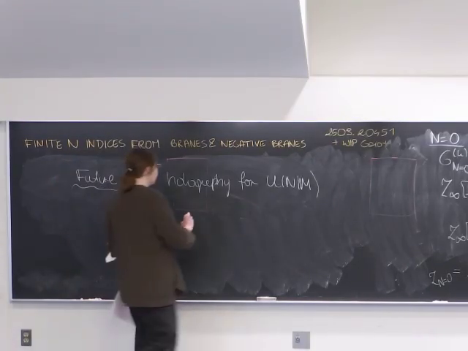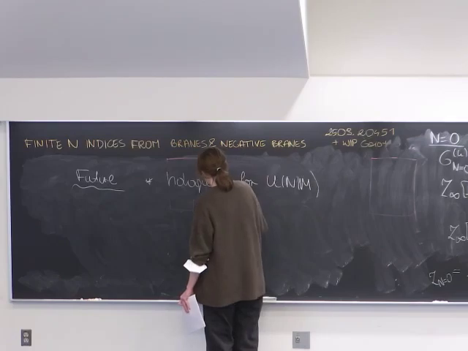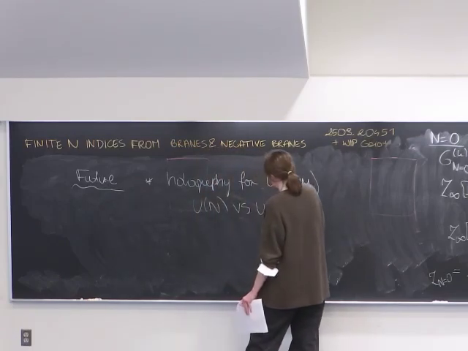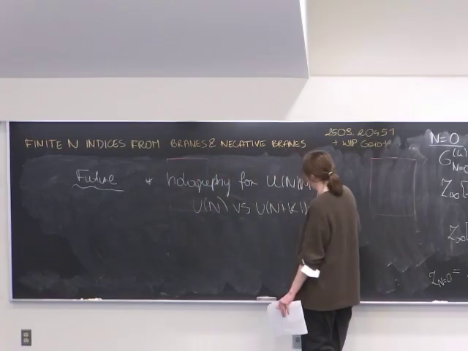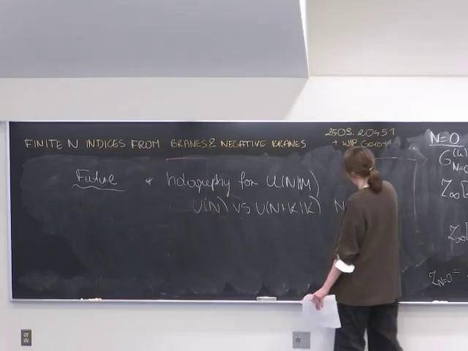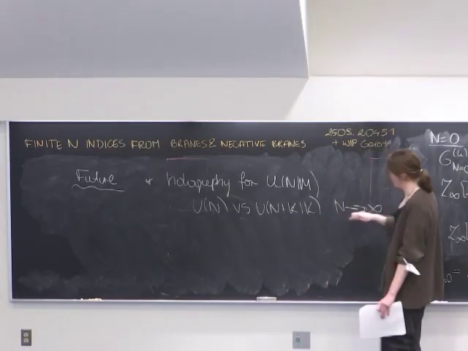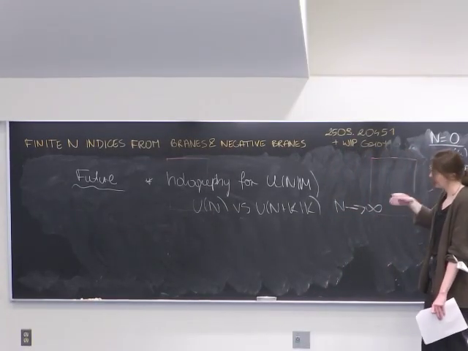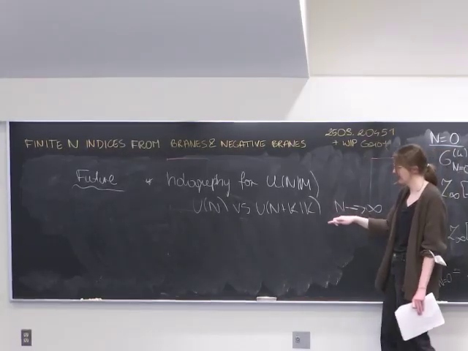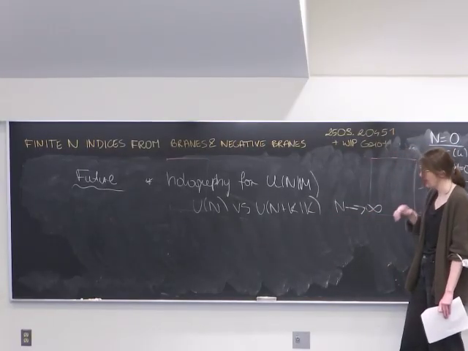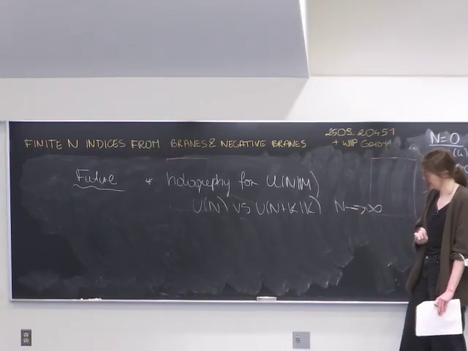The general idea was that UN and UN plus k/k are equivalent in the n goes to infinity limit perturbatively, but they will differ non-perturbatively.